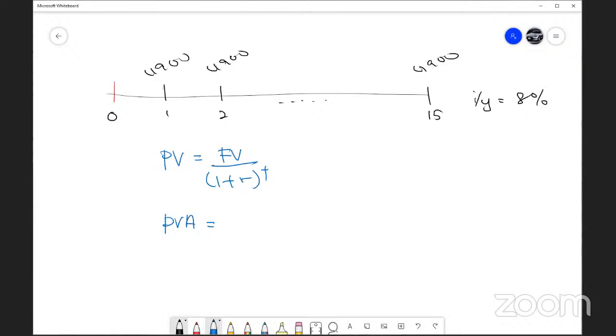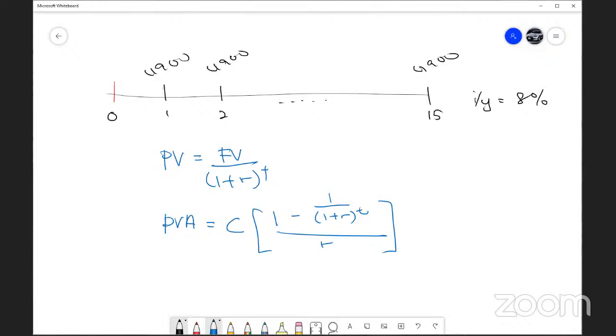PVA equals C times (1 minus 1 over (1 plus R) to the power of T) divided by R.